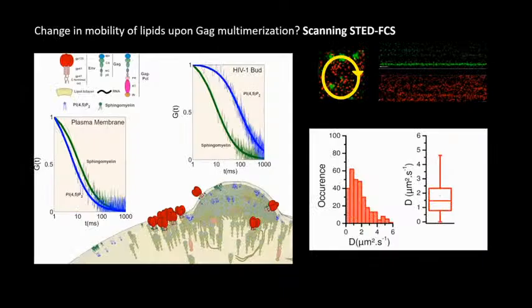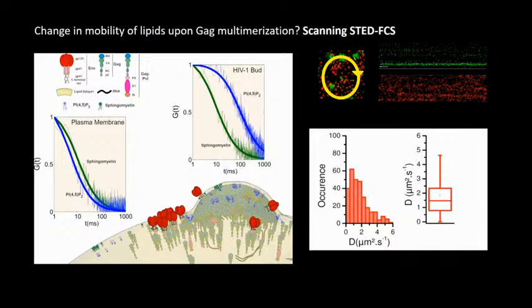So in our case, we perform scanning STED FCS over the ongoing assembling virus, and we monitor the change in the different lipids that are involved in either the raft domains or the binding of Gag to the plasma membrane.